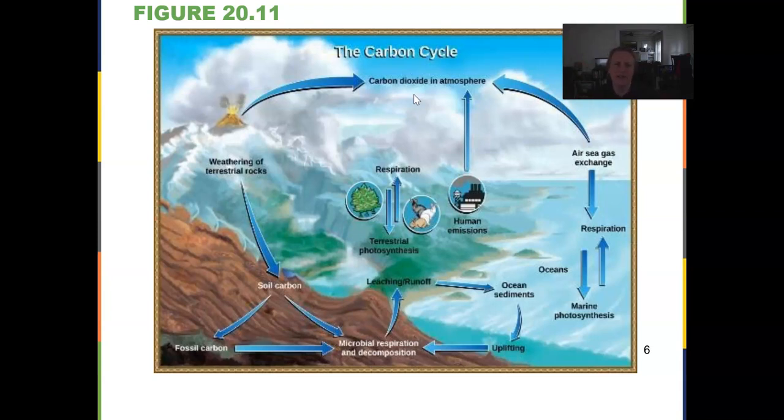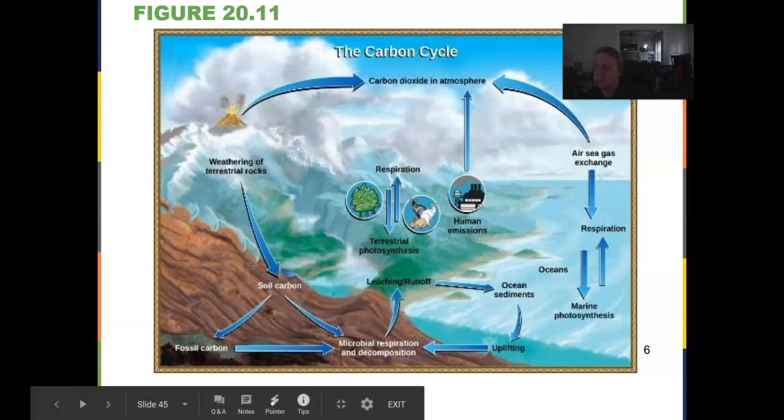Basically, all the carbon that's stored on the ocean floor is being subducted into the earth. And ultimately, when you have a volcanic, I don't know what the term is, I'm not a geologist, an eruption, that carbon is being shot back.